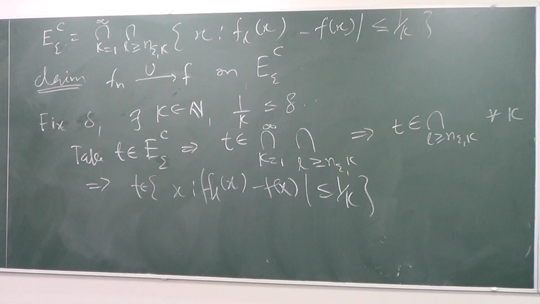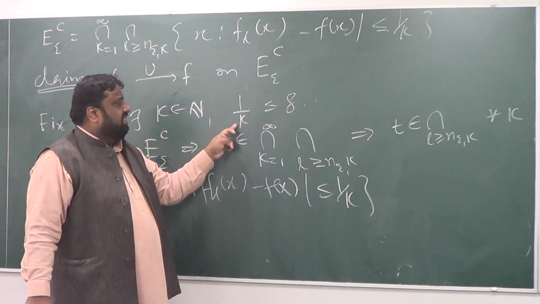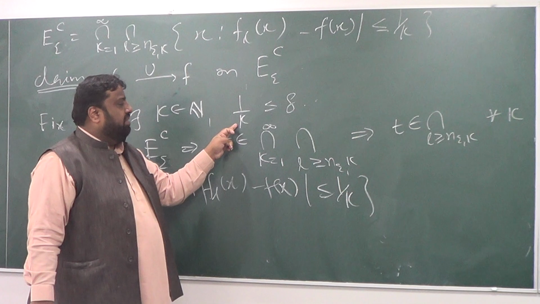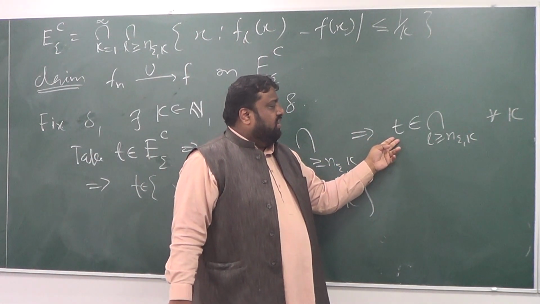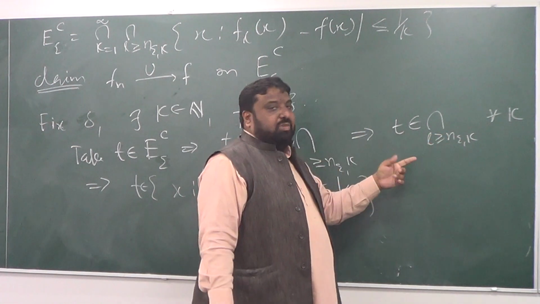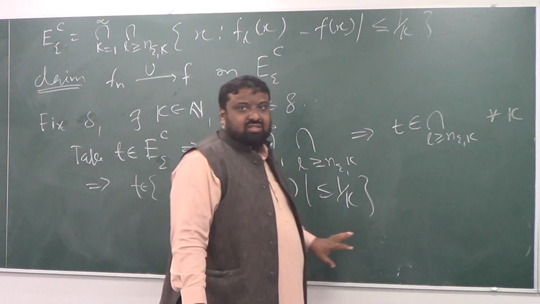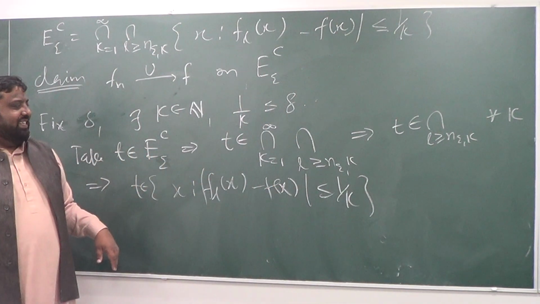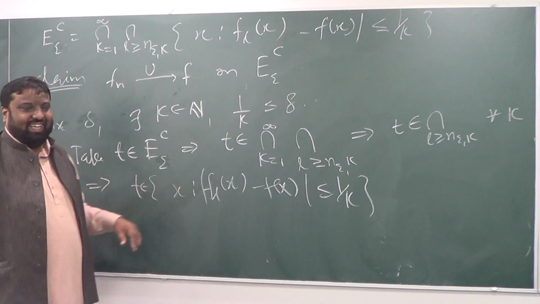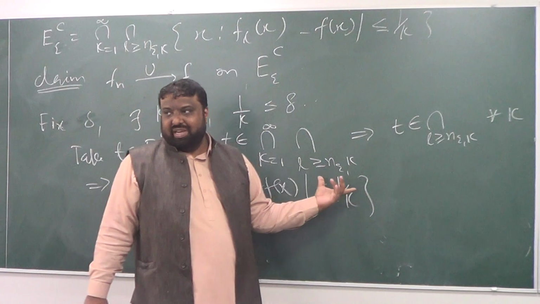In other words, I can choose another number, an m here, such that 1 over m is less than or equal to delta. If this is true for all k's, then it would be true in particular for m as well. So I'm using a k everywhere, and you have to be careful. I can put an m here, and that would be okay.